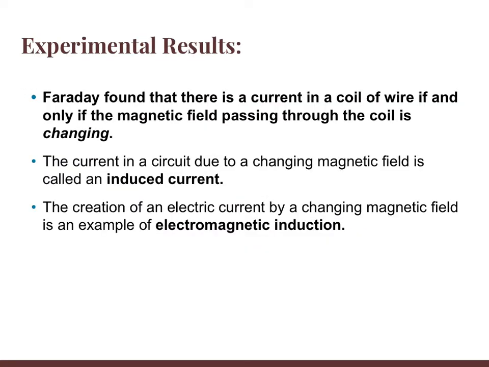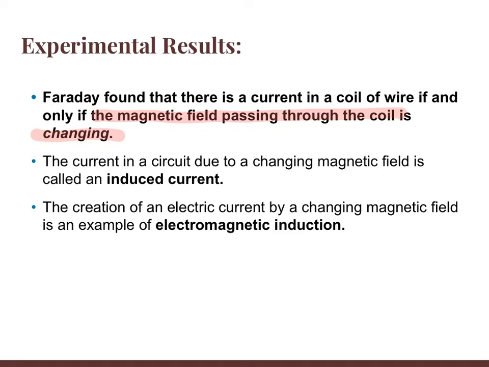So what Faraday postulated and found experimental evidence for was that a current is generated if the magnetic field passing through the coil is changing. As the field moves, it generates a force on those charges, which makes sense from a relativistic point of view.